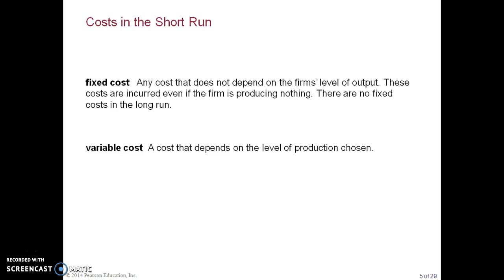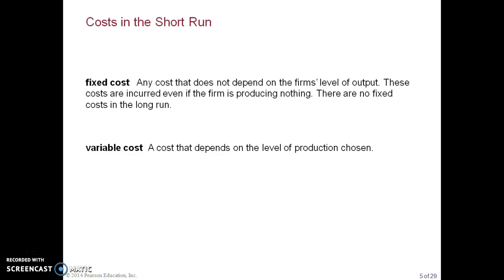We're going to look at fixed cost and variable cost. Fixed costs are going to be costs that do not change when more is being produced, whereas variable costs are going to be costs that do change when more is produced. Examples of fixed costs could be classified as rent. So that means the more we produce, we still pay the same amount of rent.